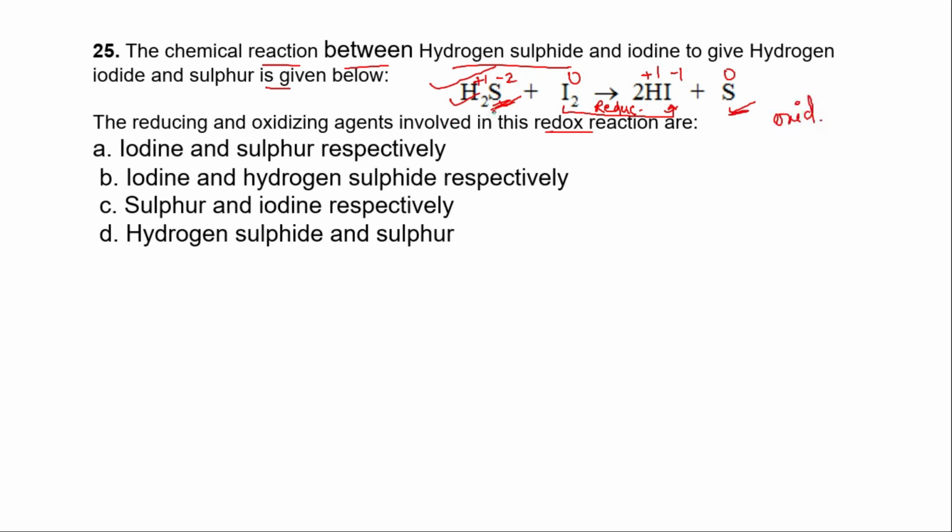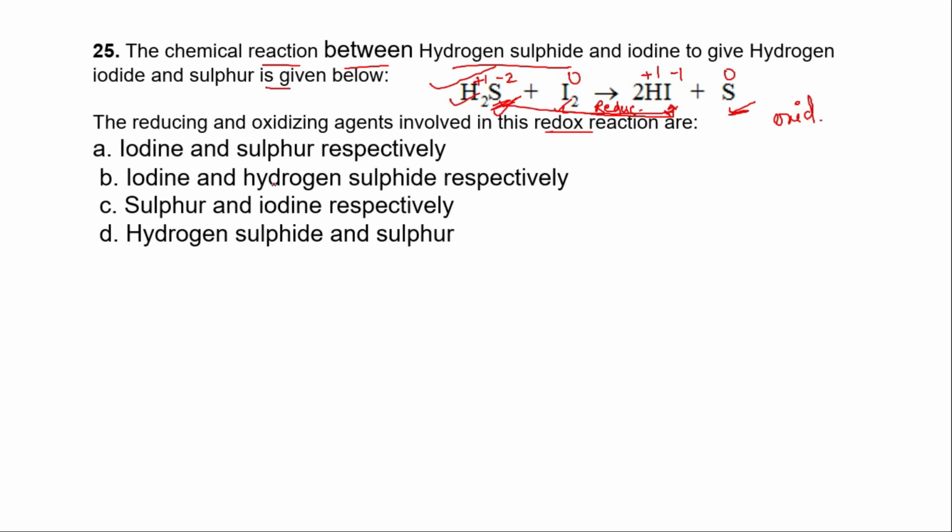So oxidation हुआ है यहाँ पे और रिडक्शन हुआ है यहाँ पे. तो जहाँ पे ऑक्सीडेशन हुआ है, ठीक है, वो होगा रिड्यूसिंग एजेंट, और जहाँ पे रिडक्शन हुआ है वहाँ होगा oxidizing agent, right? So this means कि sulfur is getting oxidized. So if sulfur is getting oxidized, that is a reducing agent, right?